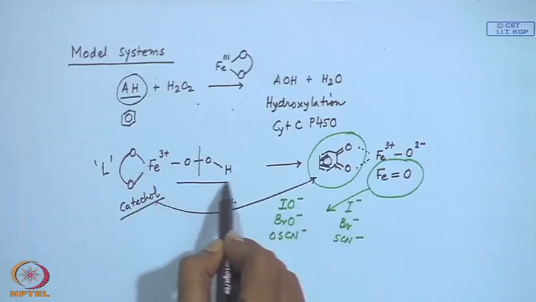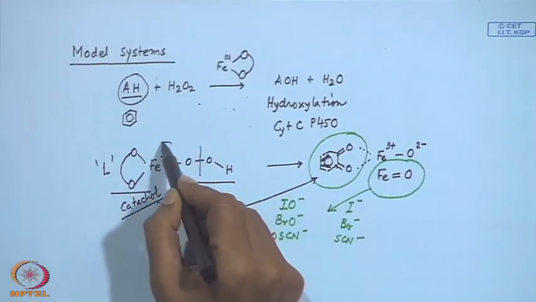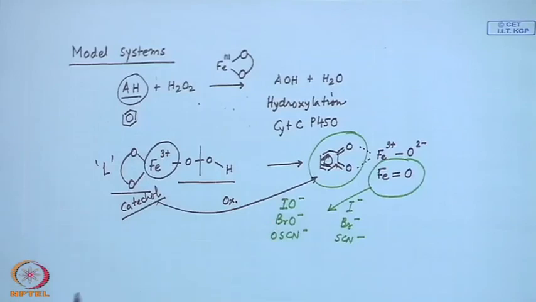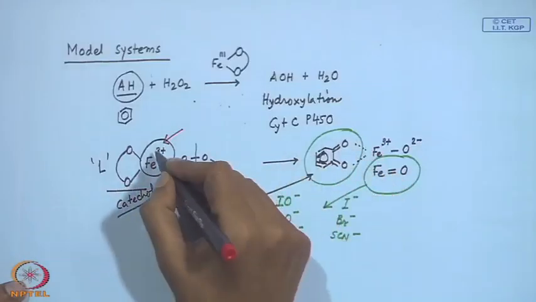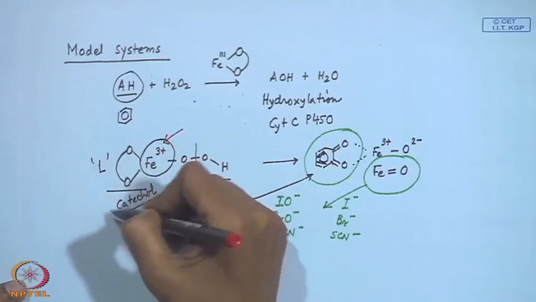You can consider this as the reagent and this as the substrate, and your mediator is your metal center. So, in studying all these model systems, starting from cytochrome C oxidase, catalase, peroxidase, the first thing we have identified is your iron site, which is your metal-based catalytic site, and you have the other part.